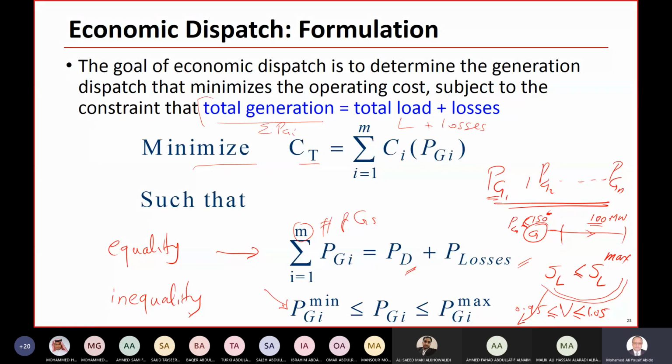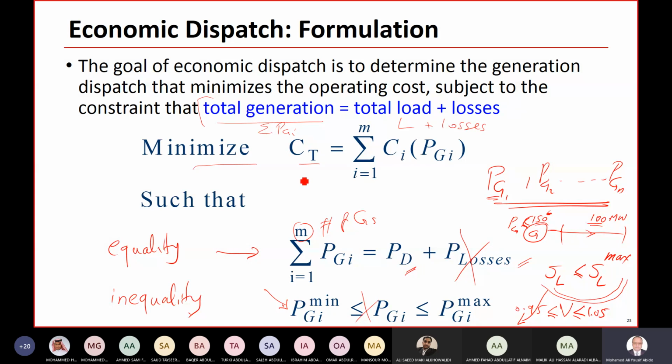The most simple formulation is to neglect the losses. Assume that the system is lossless. This is impractical, but it is a mathematical necessity in order to simplify the problem. In real life, losses are there, and of course we cannot neglect them. Also, we can neglect these constraints for the time being.